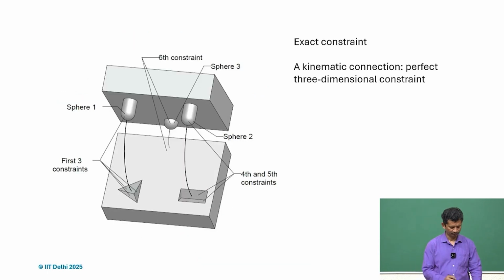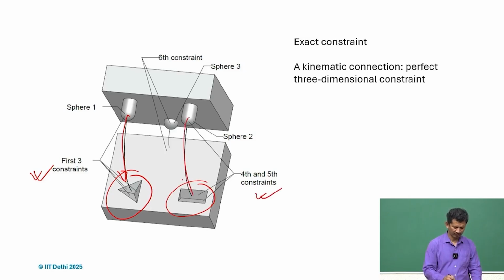Again, 3 constraints are defined by the trihedral hole and the spherical ball end, 2 more are defined by the V and the sphere, and the 6th one is defined on the flat surfaces.